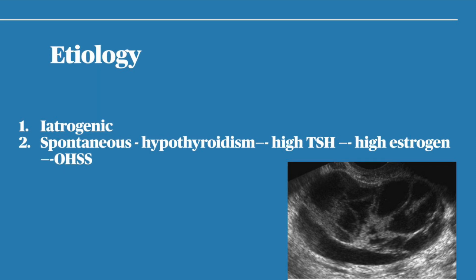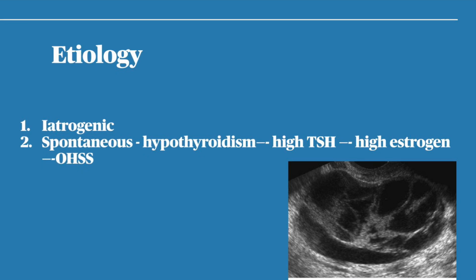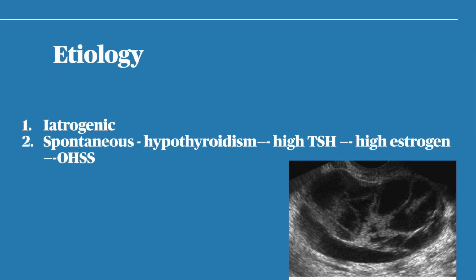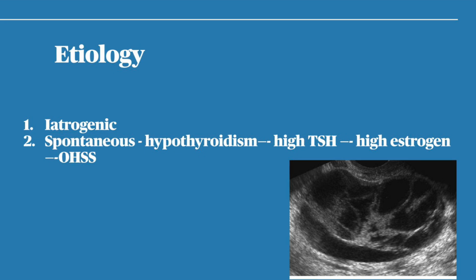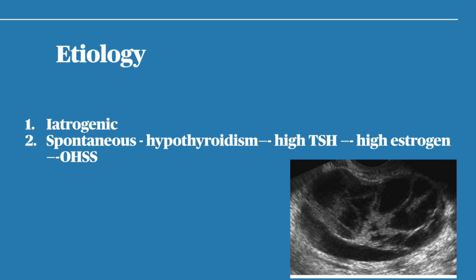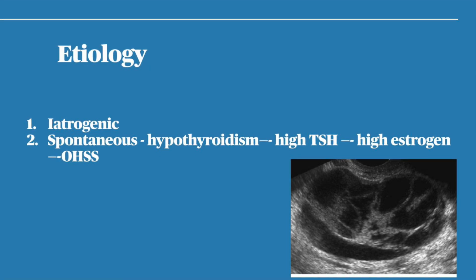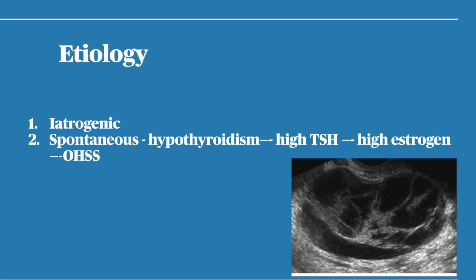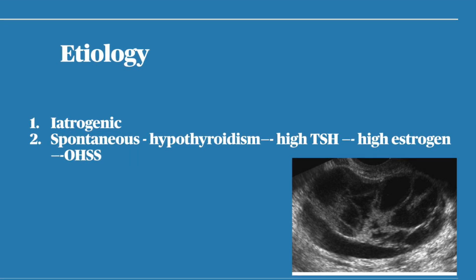It occurs in patients with hypothyroidism, because hypothyroidism leads to increased TSH, and TSH receptors are similar to ovarian LH-FSH receptors. So high TSH will act on the ovaries and lead to high estrogen release, and high estrogen will again do the same mechanism and increase the ovarian follicular sizes, stimulating the ovary like the LH was stimulating.